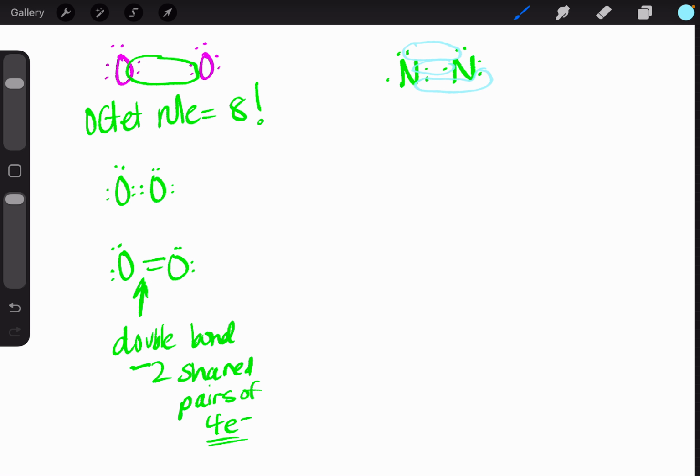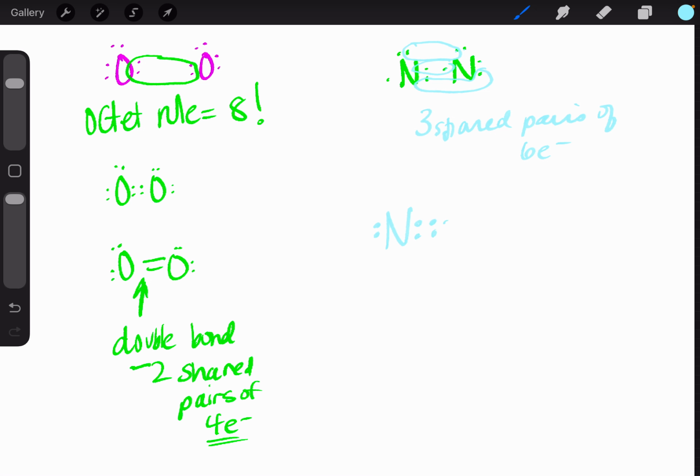So now I've got 1, 2, 3, 4, 5, 6, 7, 8 electrons. So that is going to be 3 shared pairs of 6 electrons.